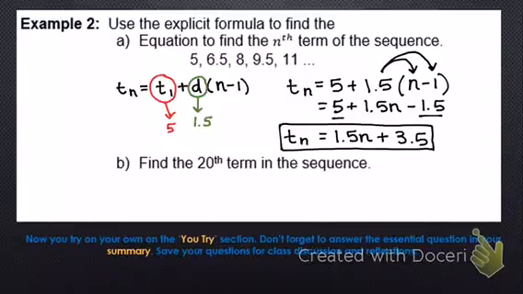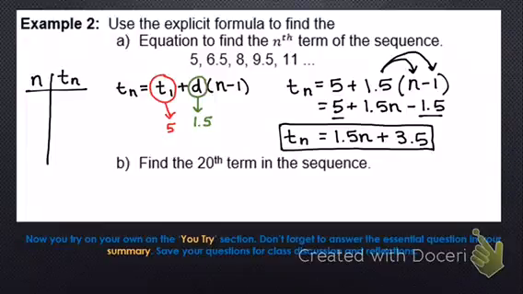So in part B, we're going to find the 20th term. Now that might be most clearly seen by creating a table. So if you want to create a table over here on the side, where we have our input values, which are n, the nth term, and our output values, which are T sub n.